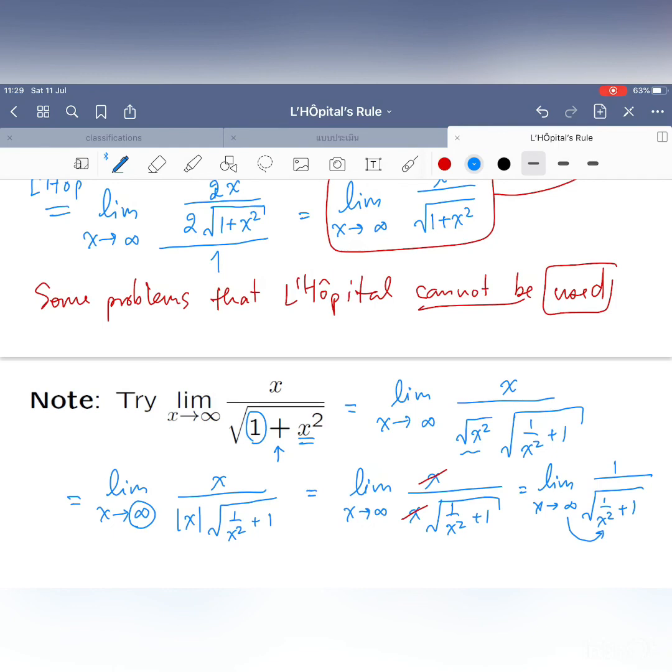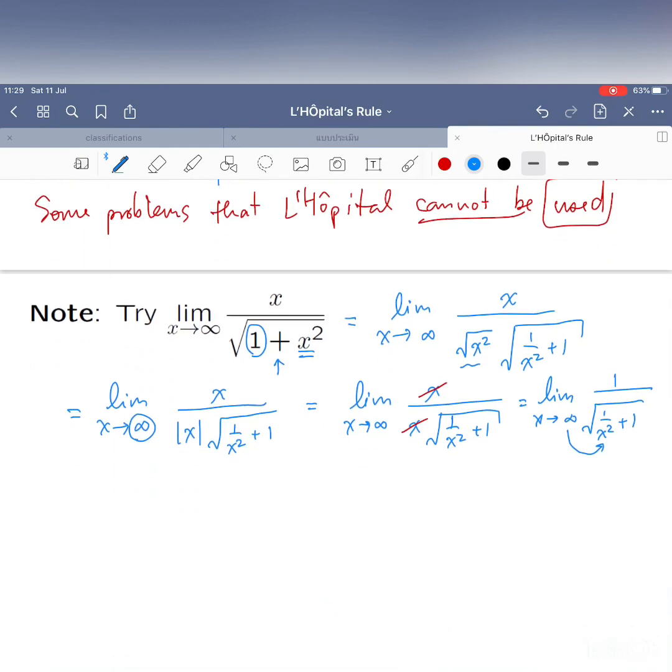So later on, the variable x appears only at the bottom, and as your x goes to a large number, you have 1 over only this term, right? That is 1 over a large number, so this term goes to 0. So the limit will go to 1 over the square root of 0 plus 1, which is 1.